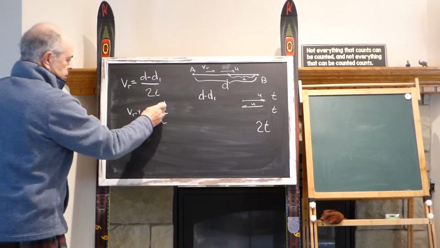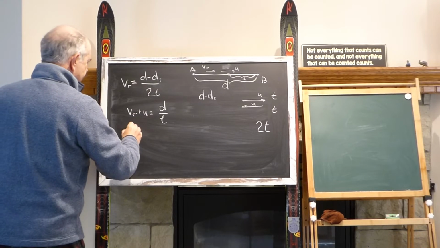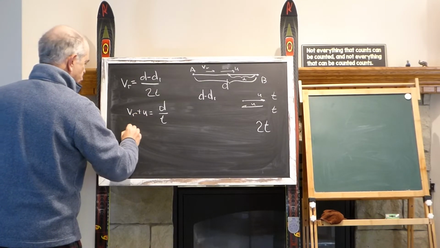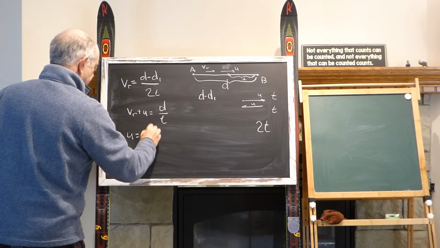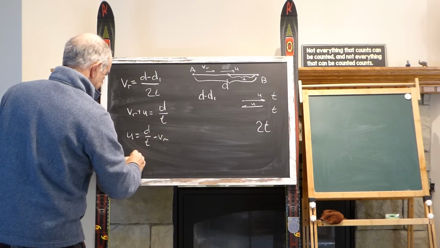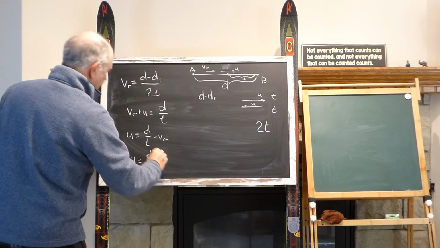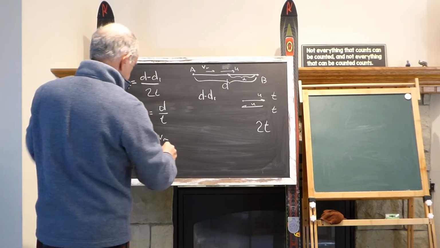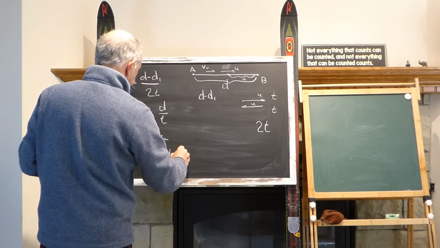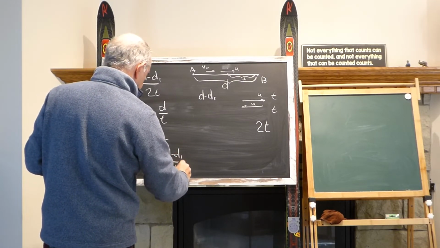So we can plug this in and say that u equals d over t minus V river, and instead of V river we put d minus d1 divided by 2t.